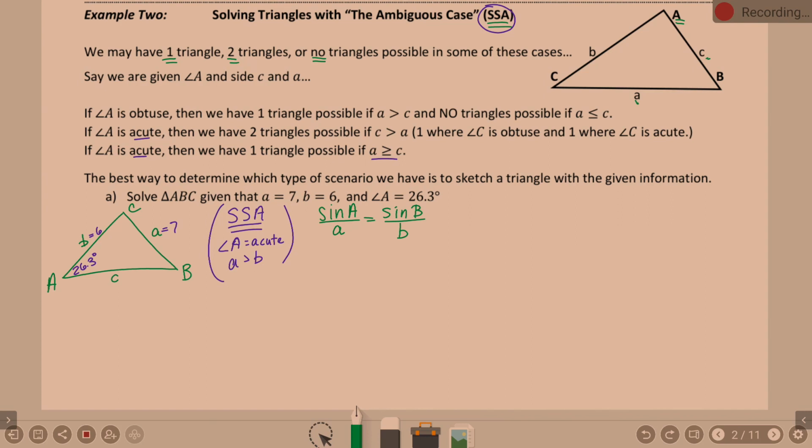So sine of A is going to be what? Sine of 26.3 degrees divided by side A, which is 7, equals sine of B, and guess what? B is what I don't know, divided by side B, which is 6.